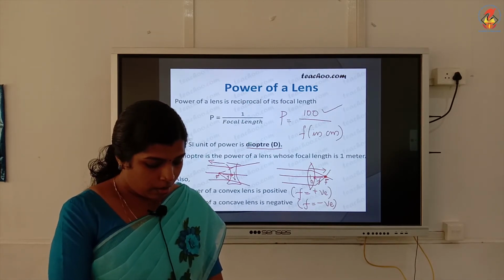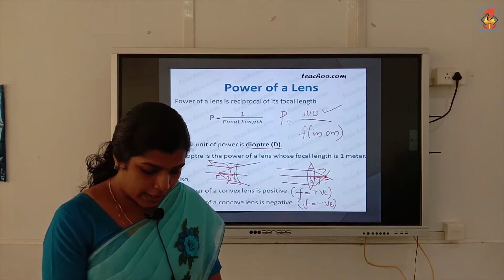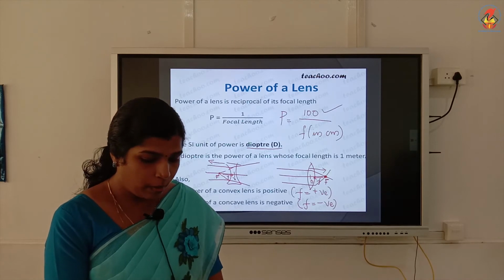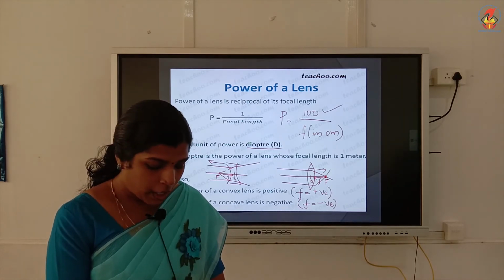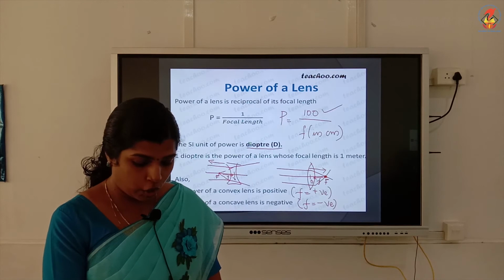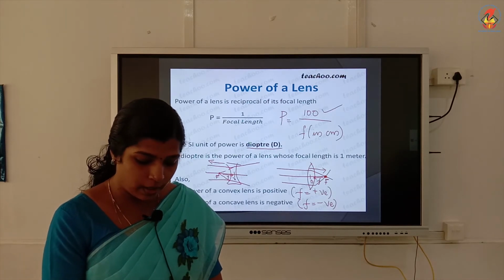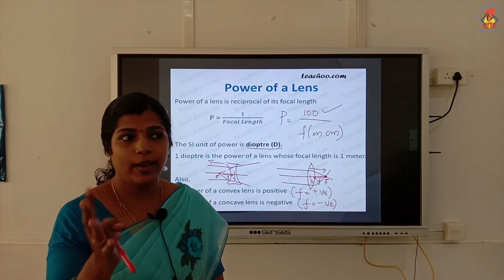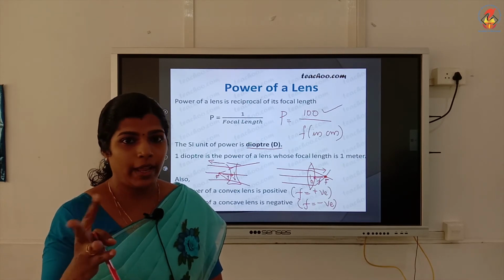For example, a combination of two lenses of power plus 2 diopter and plus 0.25 diopter is equivalent to a single lens of 2.25 diopter. If both values are positive, or both negative, we will add them together.